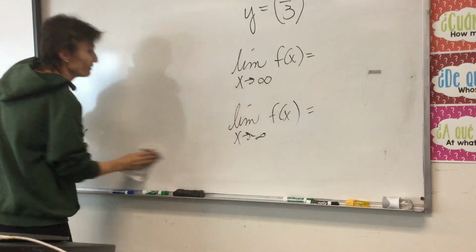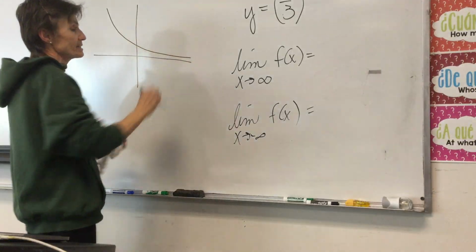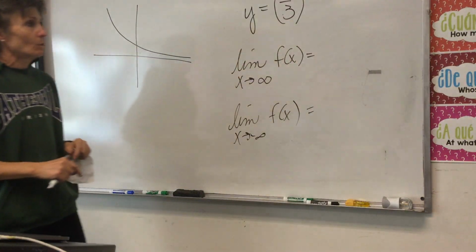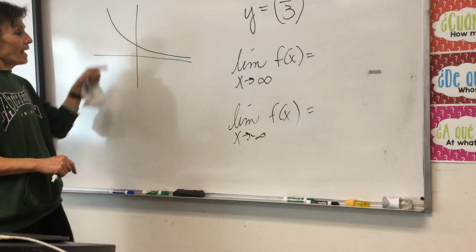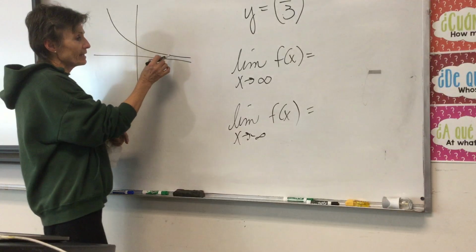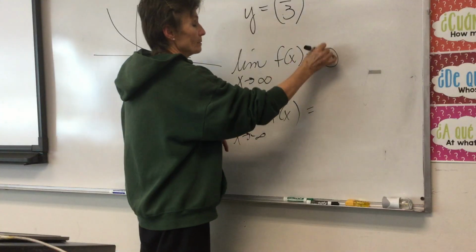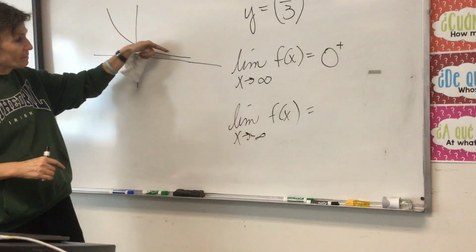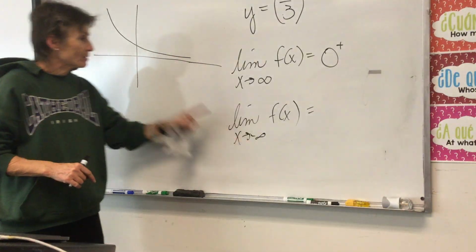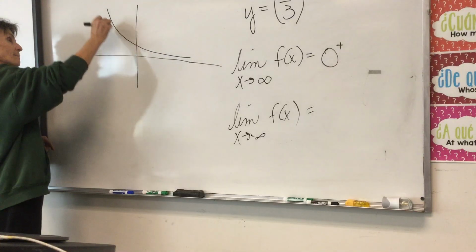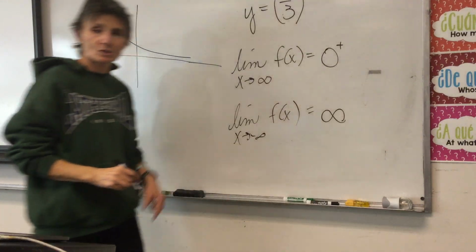If I graph it, I can see it's a decay because this number is less than 1. So that curve is going to be decaying. As I go to the right, it just keeps coming down, getting closer and closer to 0. As I go to the left, it's going up forever. It's going up to infinity.